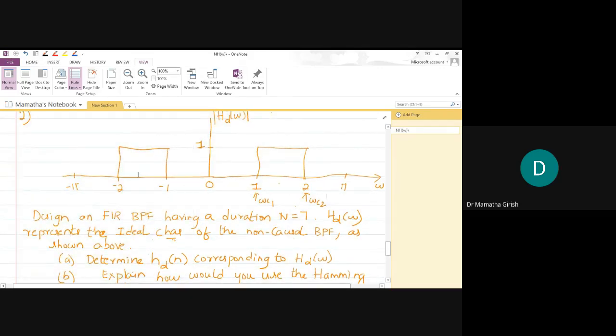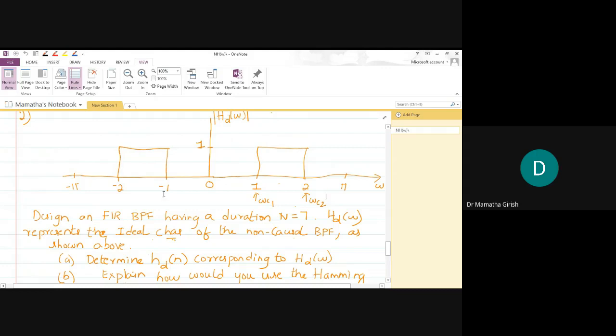I've repeated this n number of times in the earlier class. For a given filter to be causal in nature with respect to its impulse response, if h of n is 0 for n less than 0, then it is causal in nature. Similarly, in the frequency domain, the value should be 0 for omega less than 0.